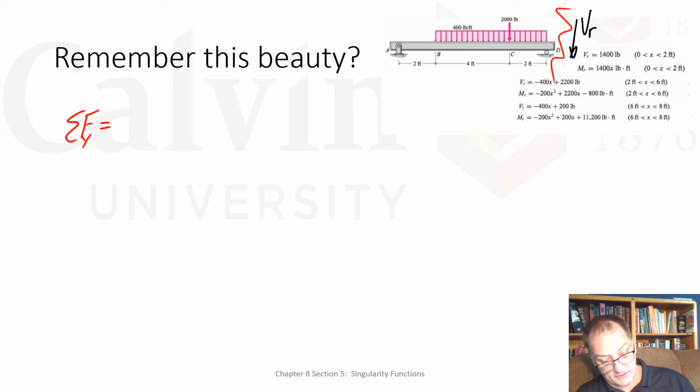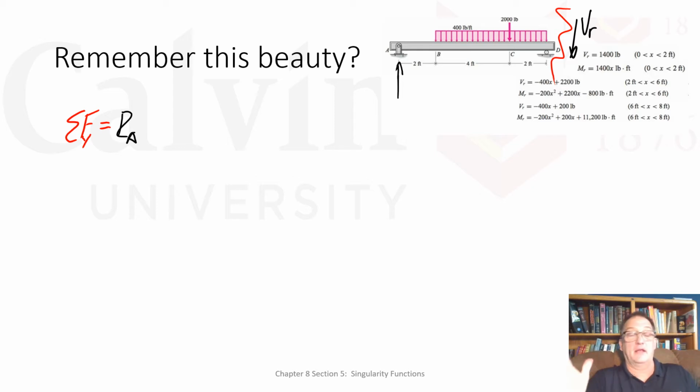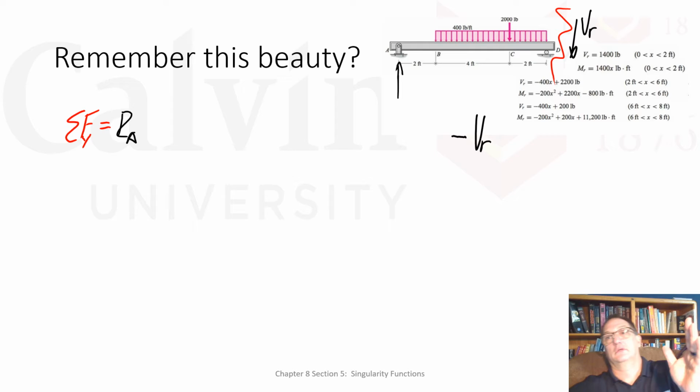Well, I know I have a reaction force at A. I'm going to leave this as symbolic, sorry. At the end of this equation I'm going to put a minus VR, because I'm going to work from left to right down my beam and say, okay, where is this stuff true?